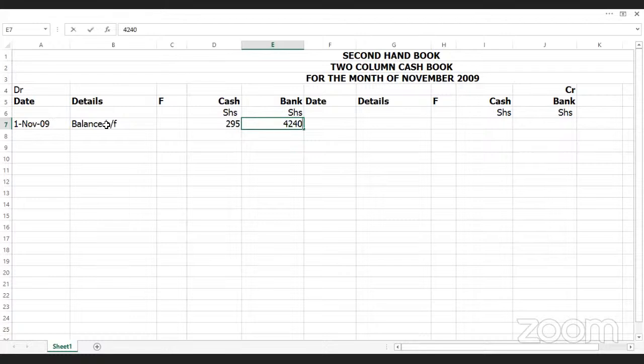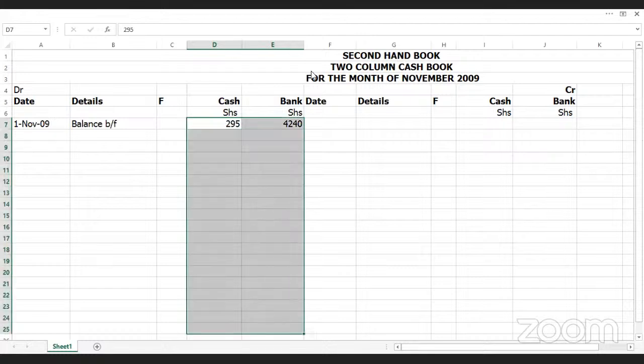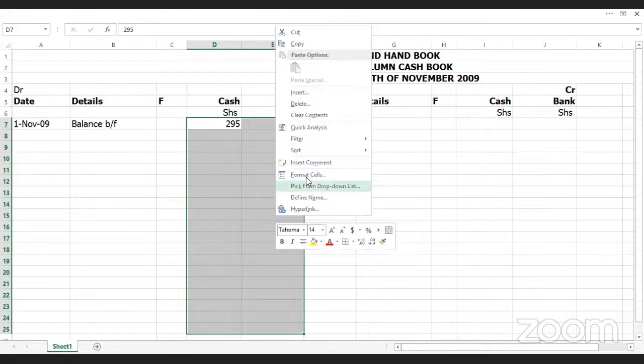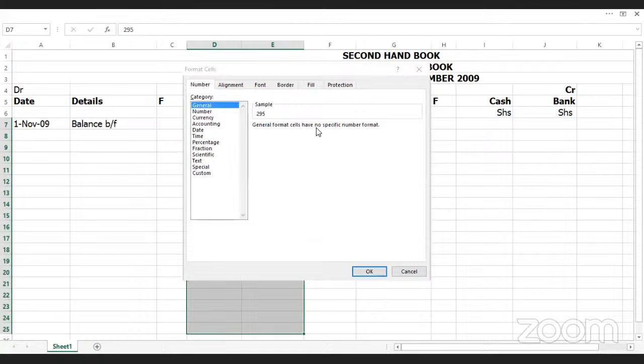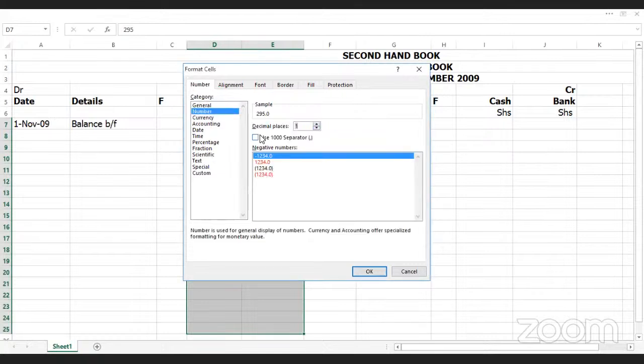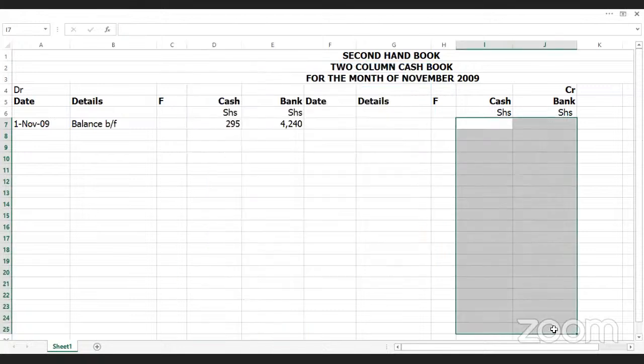That is your bank. Members, the debit side records receipts. But of course, we have to first enter the opening balances, then we see the transactions that took place during the month of November. So we have entered the opening balances for cash and bank. Now let us look at the different transactions.